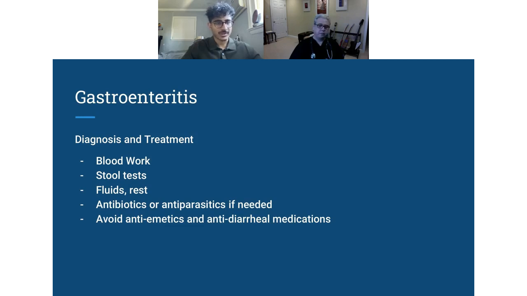I know it sounds counterintuitive, but if the diarrhea and vomiting are caused by a pathogen like bacteria or a virus, you want that to exit the GI system, and giving them something that prevents it from leaving can further worsen their symptoms. So that's something that might commonly be mistakenly done by a patient's parents, but it's something to keep in mind.